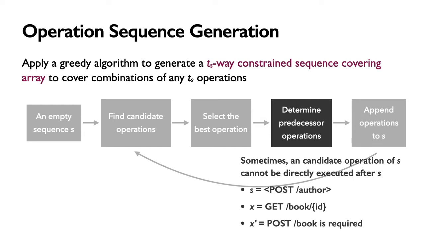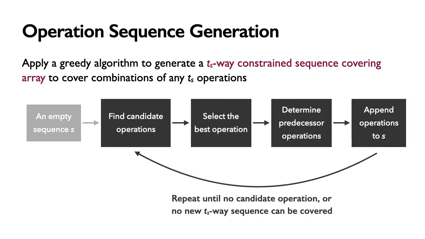As such, the algorithm will additionally rely on the CRUD semantics to determine the predecessor operations. Finally, the algorithm will append the operation selected and its predecessor operations to the current sequence, and this process will repeat until the sequence cannot be further extended.